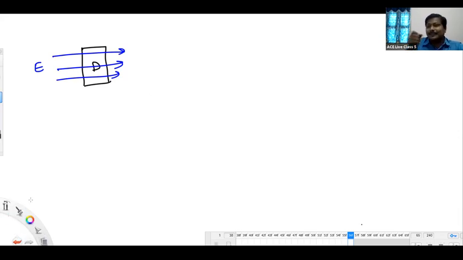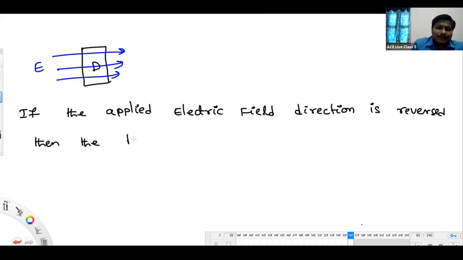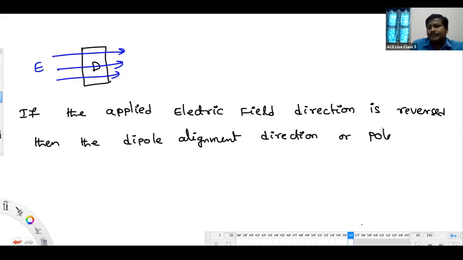Okay, now I'm writing the statement. If the applied electric field direction is reversed, then the dipole alignment direction or polarization direction will be reversed.